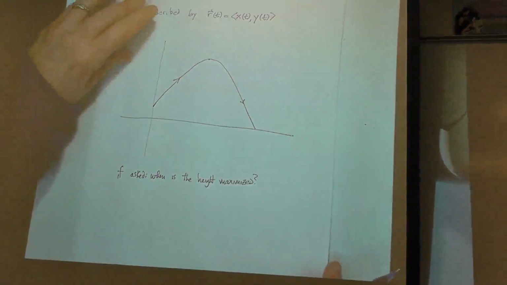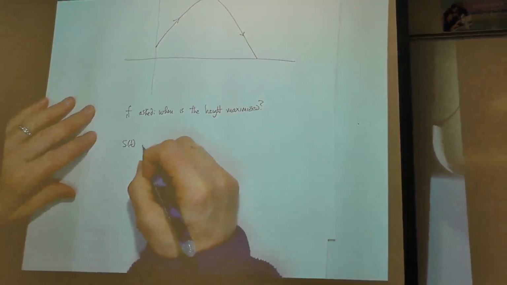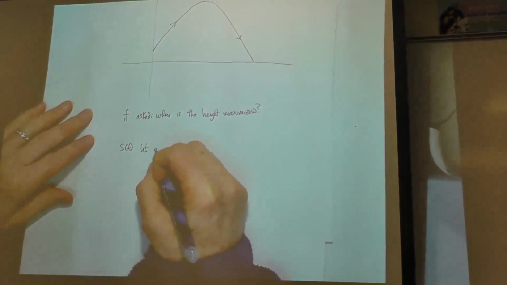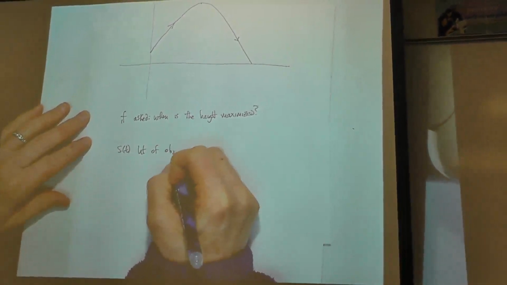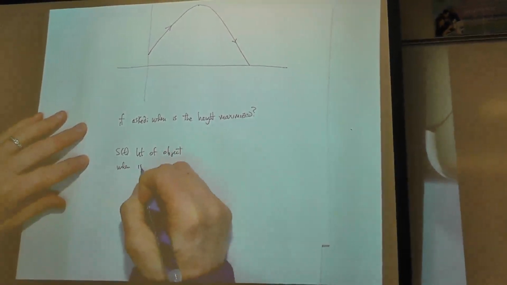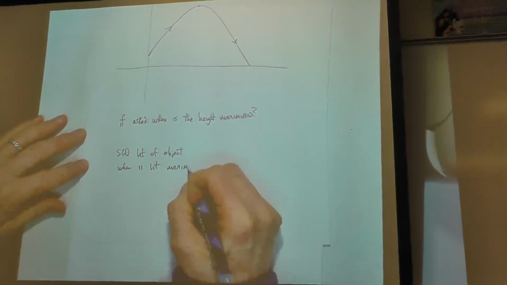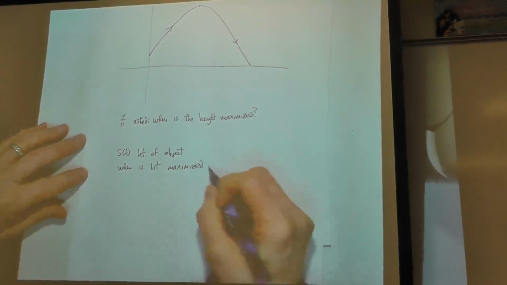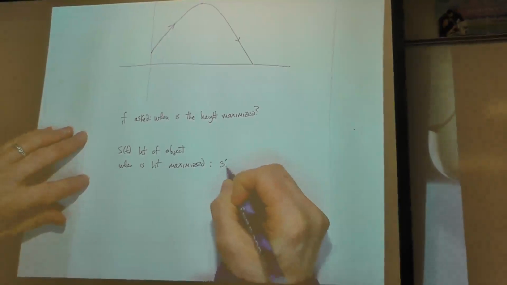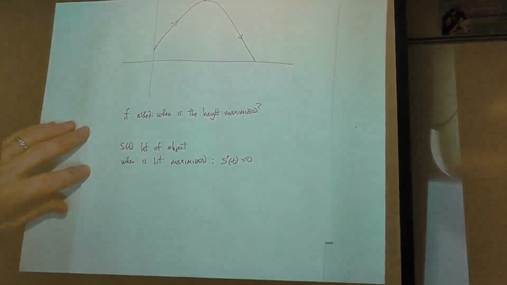I mean, if I told you in Calc 1, if I said S of t is the height of an object, when is it maximized? Then yeah, you're gonna go to S prime of t equal to 0 and solve it, get the critical value out.